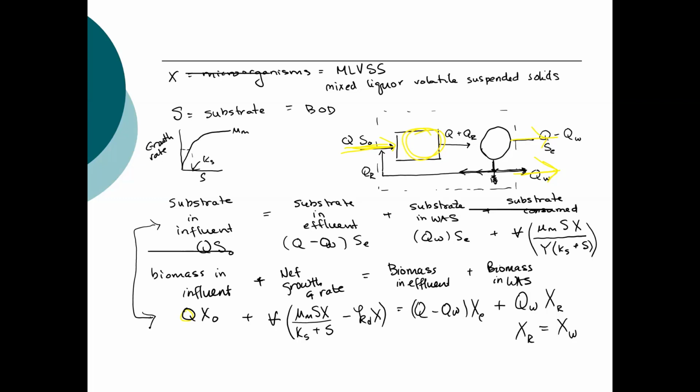Now, I'm not going to go through and derive the equations as we move forward. We'll use the equations, but I want you to know that what we've done, think back to the beginning of the semester when we wrote a mass balance equation. We've done the exact same thing here, but in this case, we've written two mass balance equations.